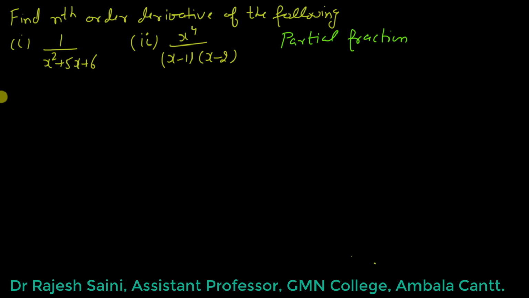So now here we will try to attempt question number 1. Say y is equal to 1 by x square plus 5x plus 6. Here you see this can be factorized as 1 by x square plus 3x plus 2x plus 6.